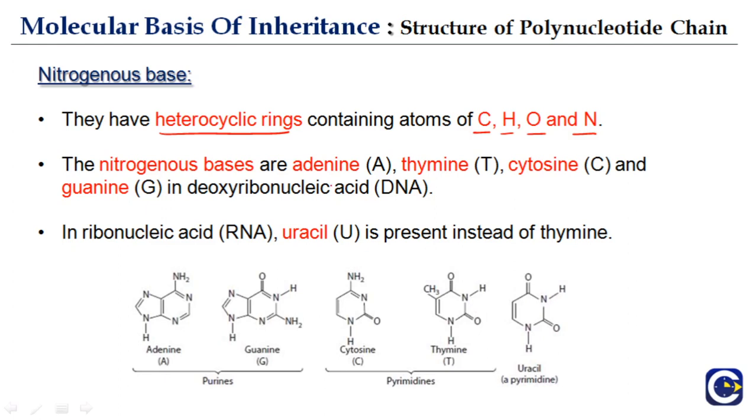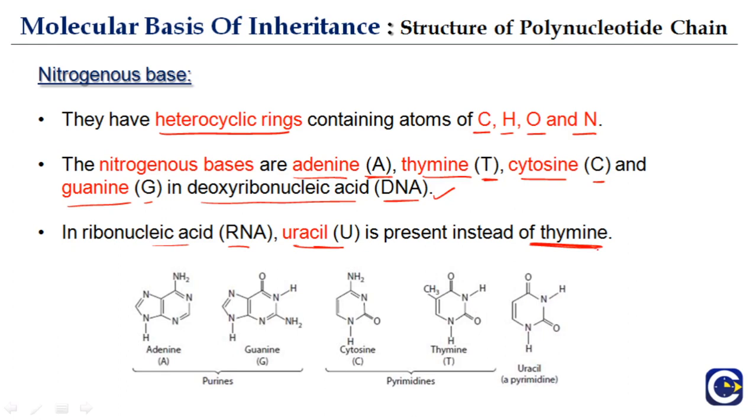So the nitrogenous bases are adenine A, thymine T, cytosine C, and guanine G in deoxyribonucleic acid, or DNA. So DNA contains A, T, C, G. In ribonucleic acid, that is RNA, uracil is present instead of thymine.